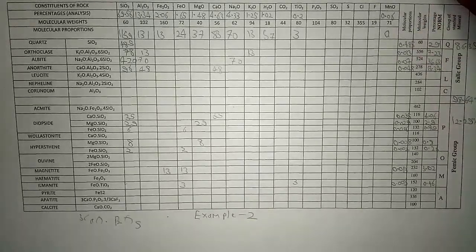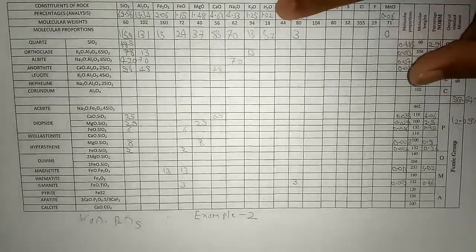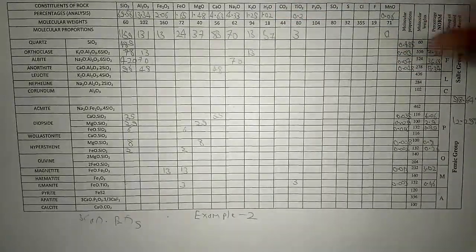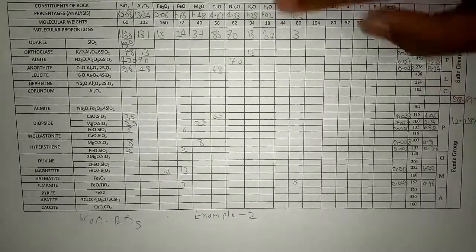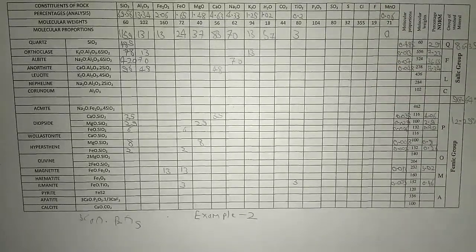So this time it always comes more than 99, but this time it is 98.64 because here the H2O proportion is very much. See here 1.02, we haven't used it. So you can think like this, 98.64 plus 1.02, so it is 99.66. So you can say that whatever you have done is right.